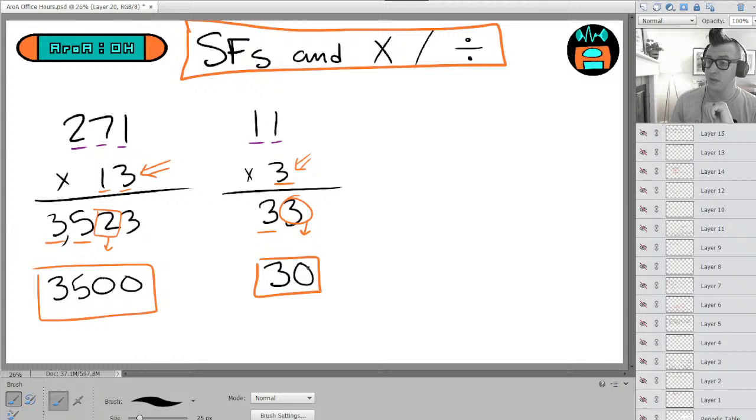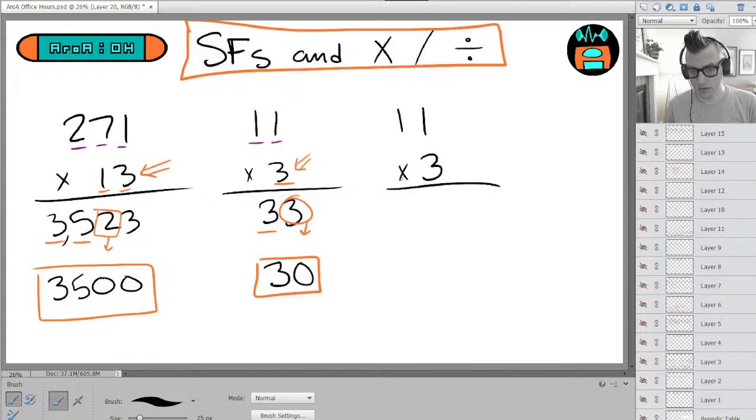If you want 11 times 3 to be 33, may I submit to you that you need to use a more precise number in your multiplication. You need to measure that number 3 with a better ruler so that you know for a fact that it's not just 3, that it's 3.0.